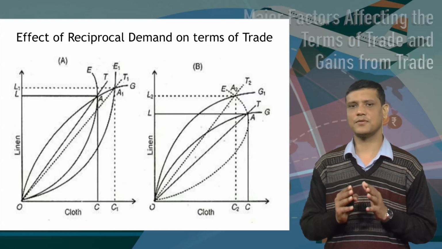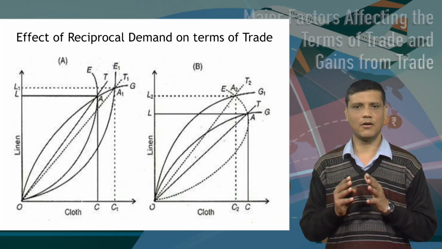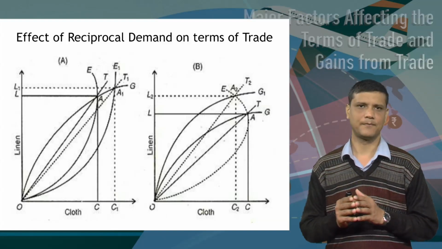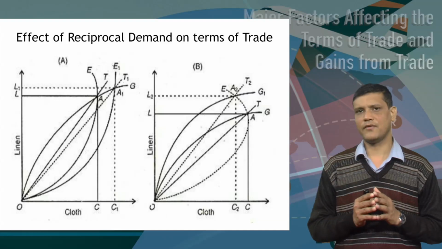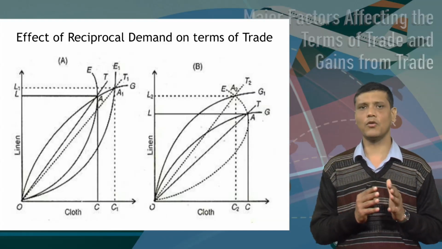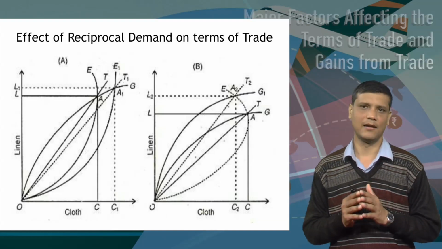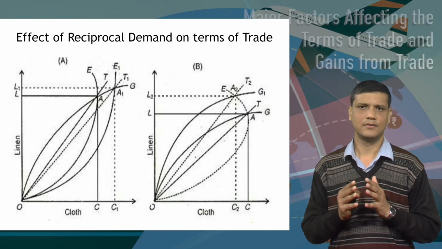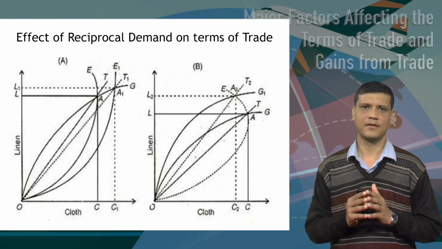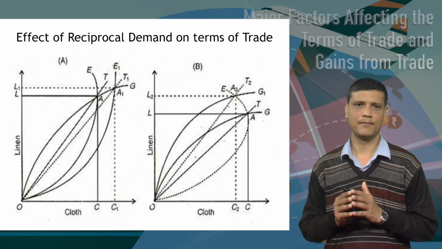But the terms of trade will depend upon the elasticity of demand of the offer curve of each country. This is evident from the fact that England exports CC more units of cloth in exchange for LL units of linen. CC is greater than LL1.